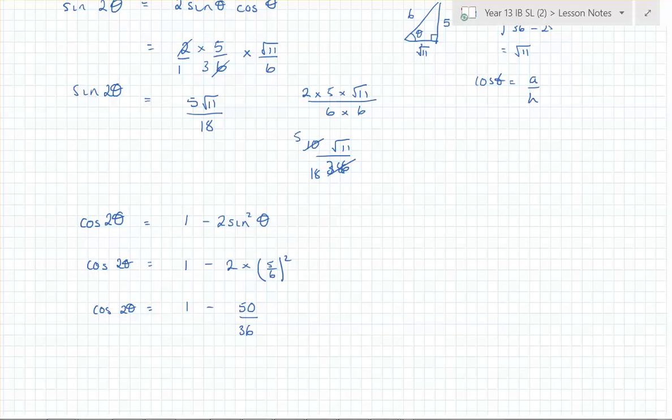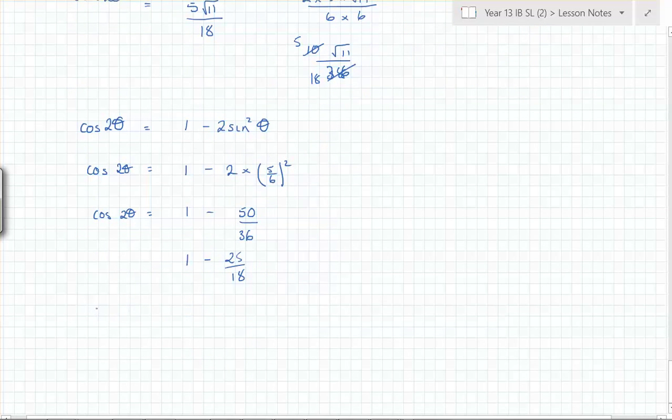So we've got 1 minus 50 over 36, which is the same as 1 minus 25 over 18. So we've got cos 2 theta is actually minus 7 over 18.